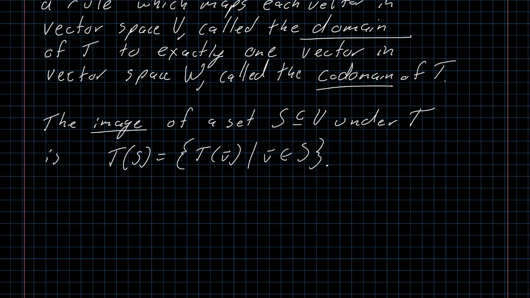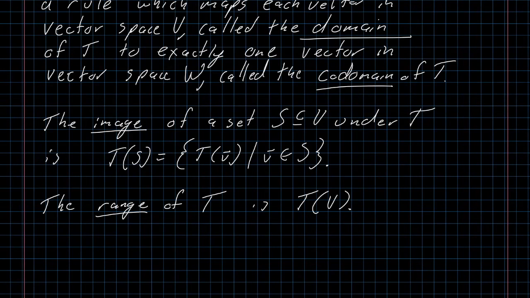It is a set containing some vectors. It may not be closed, it may not have any of the other nice properties, but it is a set of vectors, and that's good enough. And then the range of T is the image of the domain.